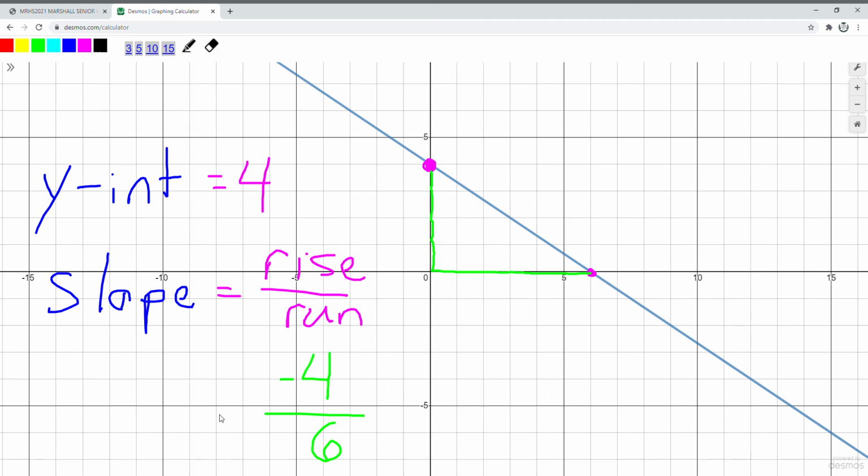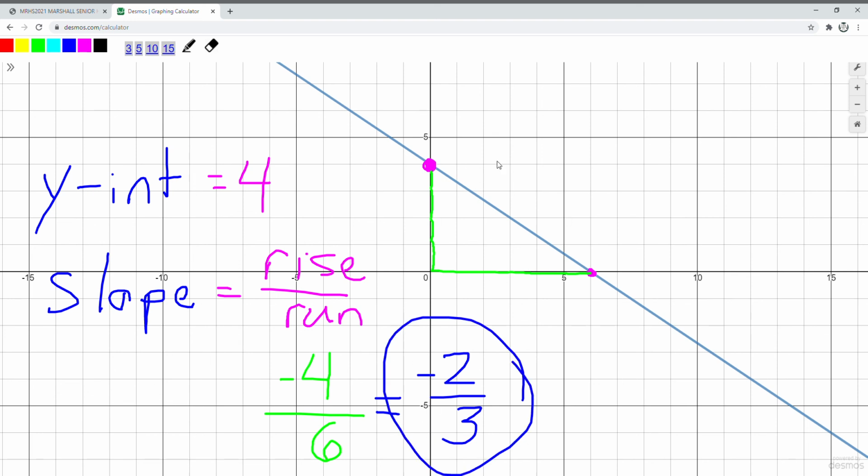Remember what I said, though, about simplifying or reducing if we can? I bet we can do that on this fraction. 4 and 6 are both divisible by 2. So if I take 2 out of each of these, then I get -2 over 3. There's my slope.